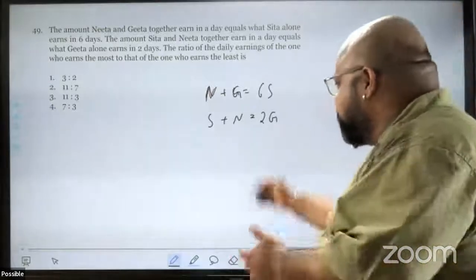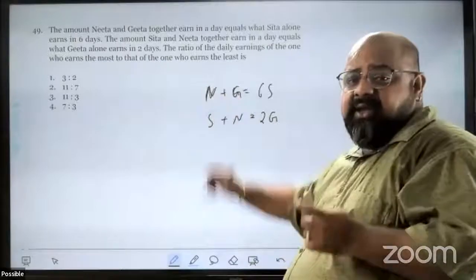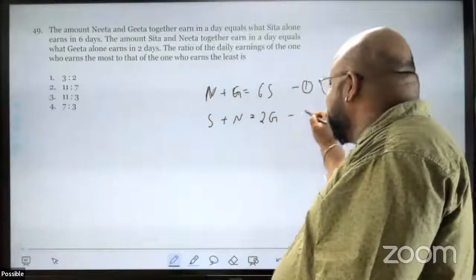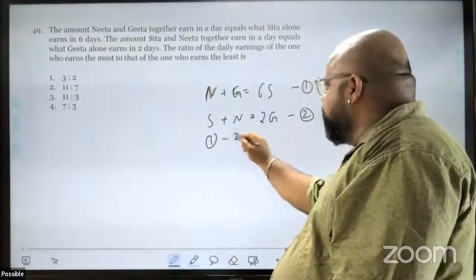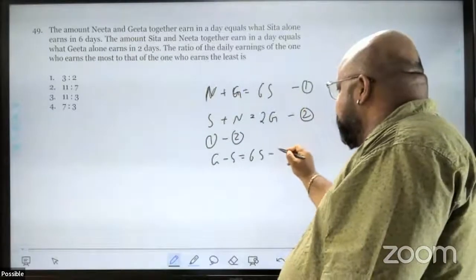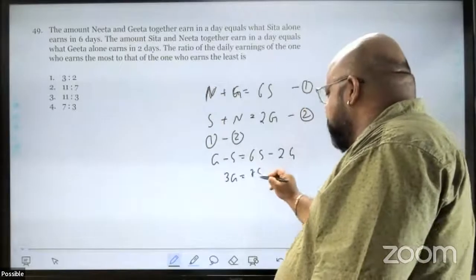But again, first I'll remove one of the variables. A clear variable that can be removed is N because the coefficient is the same on both sides. So from the first equation, I subtract the second one. This will give me G minus S is equal to 6S minus 2G, which means 3G will come out to 7S.